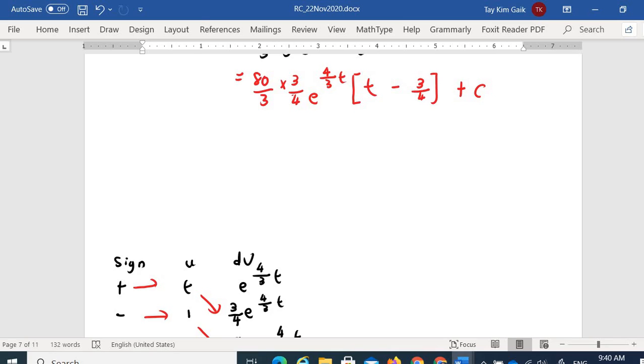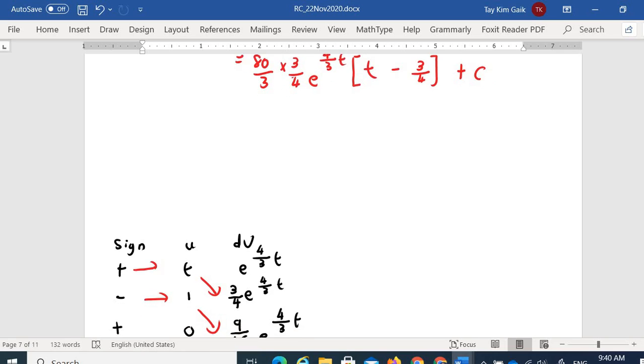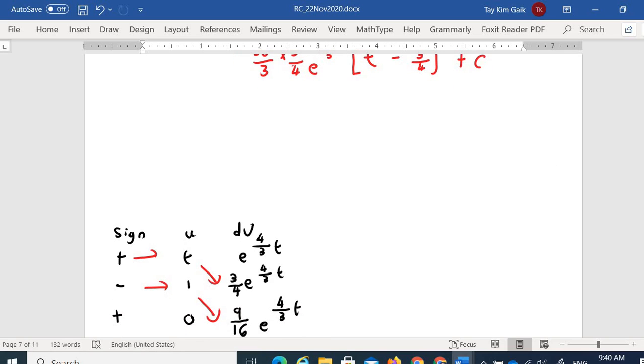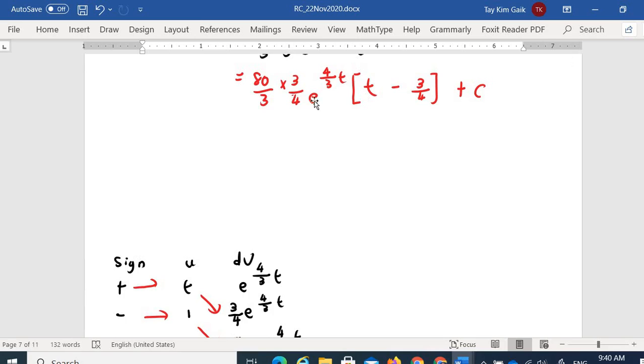First term, positive t times 3 over 4 exponent 4 over 3t. The second term, negative 3 over 4 times 3 over 4, so negative 9 over 16 times exponent 4 over 3t.